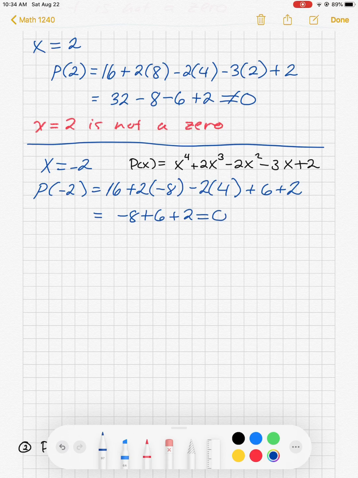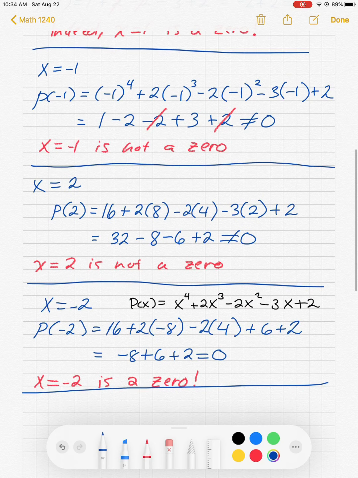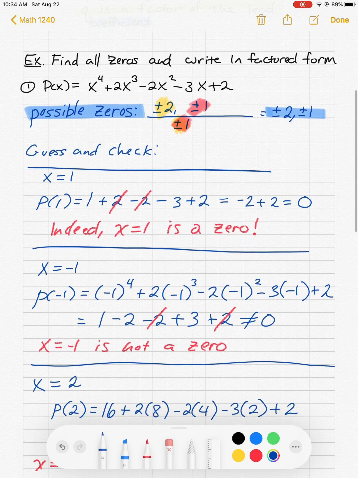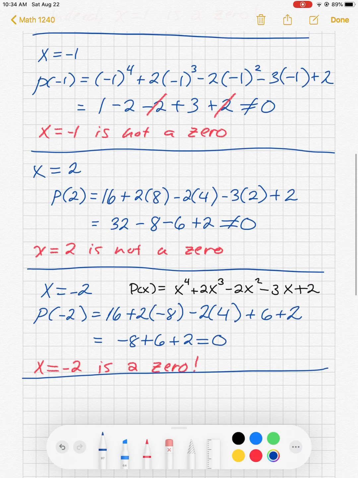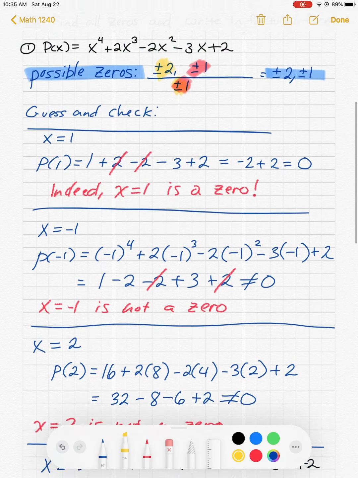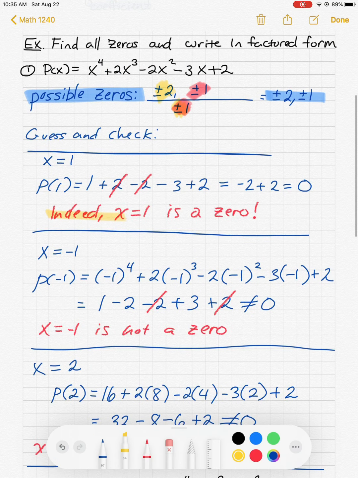Oh, that one's 0. So x equals negative 2 is a zero. Whew. Okay, so then what do I have? I have x equals negative 2 is a zero, and x equals 1 is a zero.